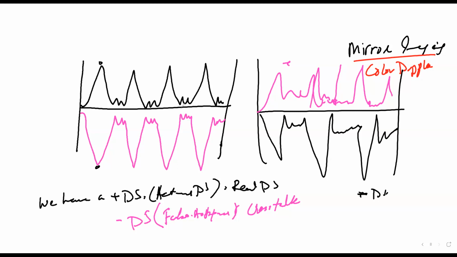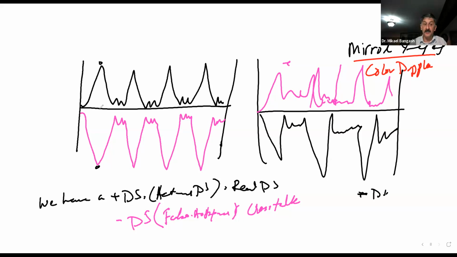And you may be wondering: is the positive the real one and the negative the fake? Or is the positive the fake one and the negative the real one? Now, on a spectral Doppler, the one that is between these two reflections is going to appear brighter, and that is the real one.